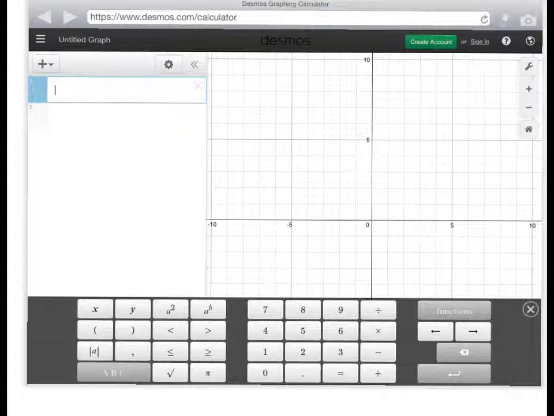Now the second line is going to be in blue. If you look at these two lines and click on the point of intersection, you will see that the values 3 and 4 pop up, and this is the coordinate of the point of intersection, which is x equal to 3 and y equal to 4.